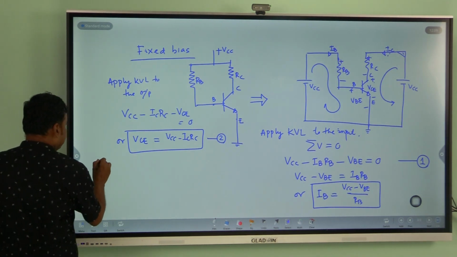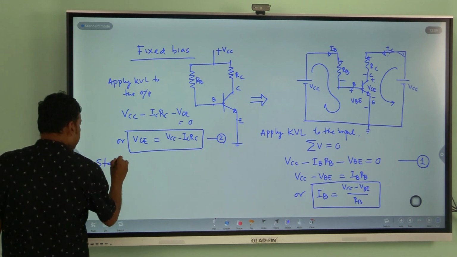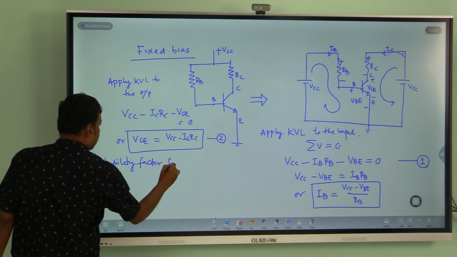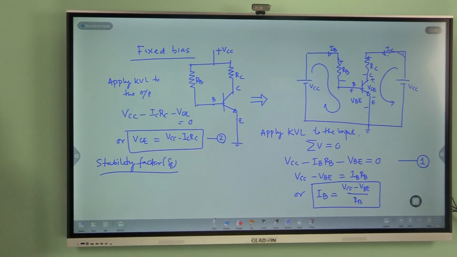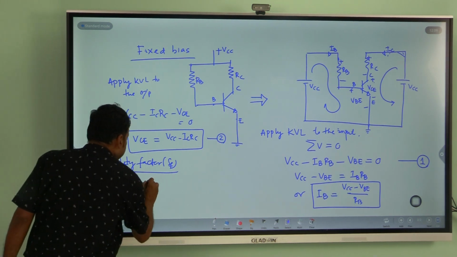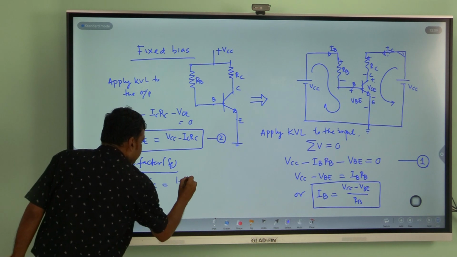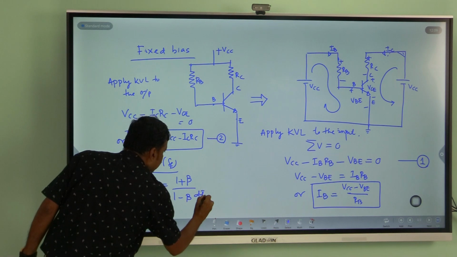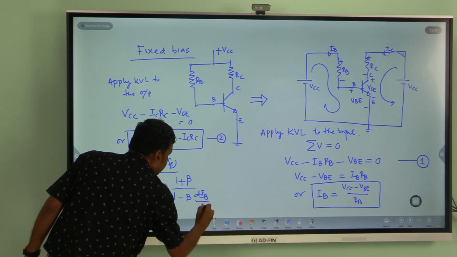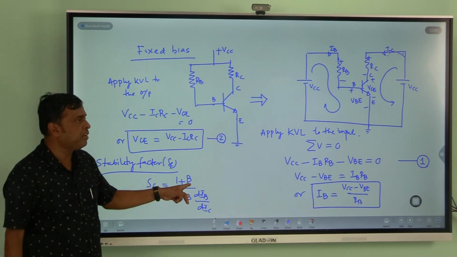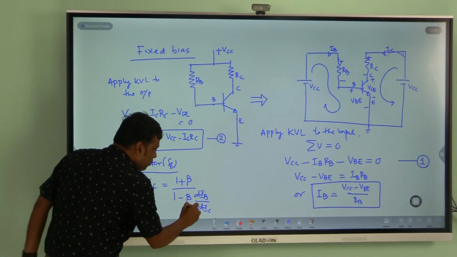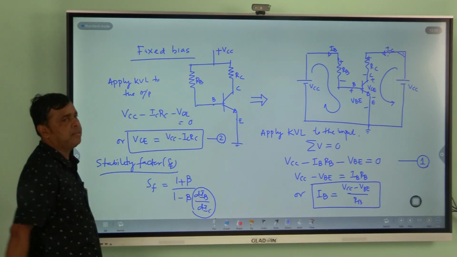In the stability factor expression, we know SF equal value is how much? 1 plus beta divided by 1 minus beta dIB by dIC. Remember, the beta value is fixed. Any transistor beta value is always given. Only the variable is this one, dIB by dIC.